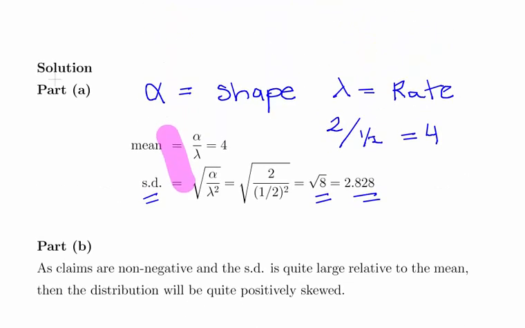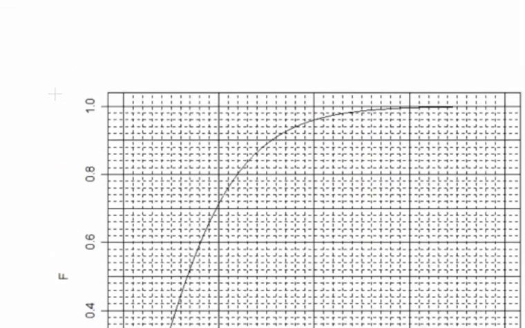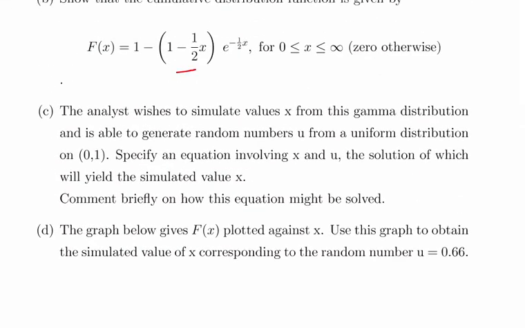We can't get a negative value, so essentially the distribution is going to be positively skewed. If you're fairly familiar with the idea of a gamma distribution and what a probability density function curve would look like, you would probably just remark that it's positively skewed and why. That just follows on from the mean and standard deviation. That was really part A, not part B.